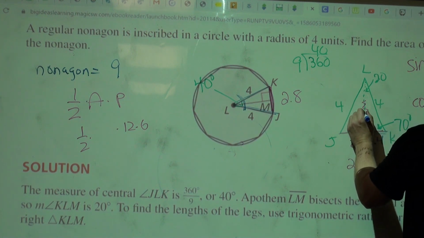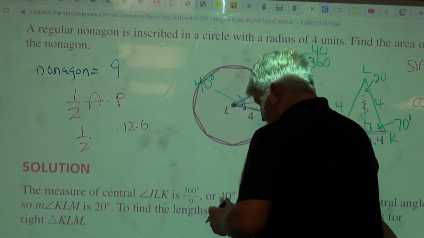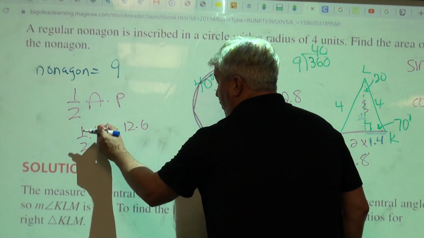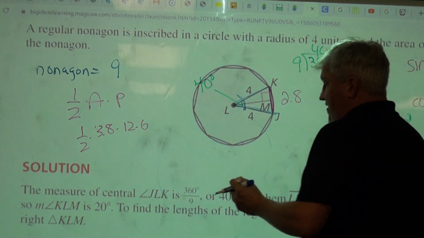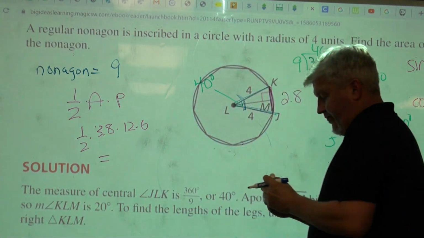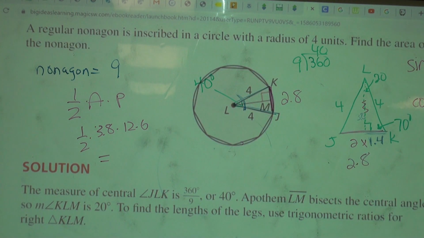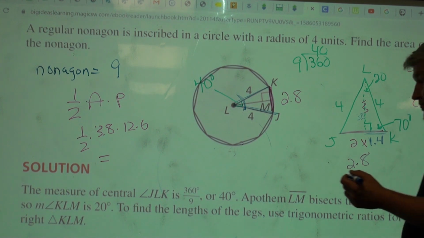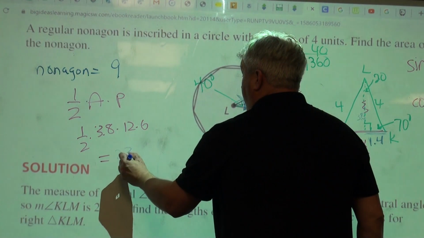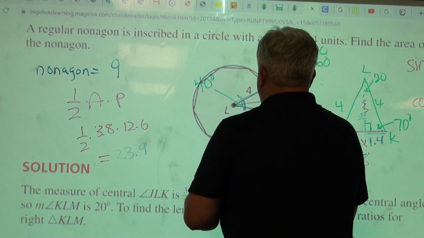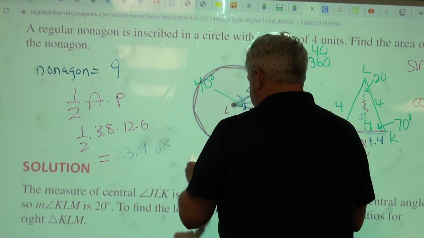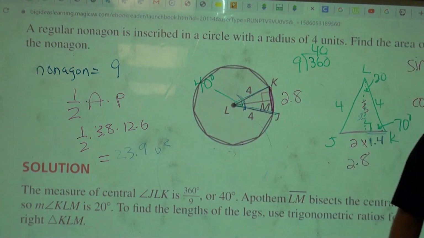This is 3.8. So now I fill into here, 1/2, 3.8 times 12.6, that's to get my area. And I get 23.9. Okay, 23.9 units squared.